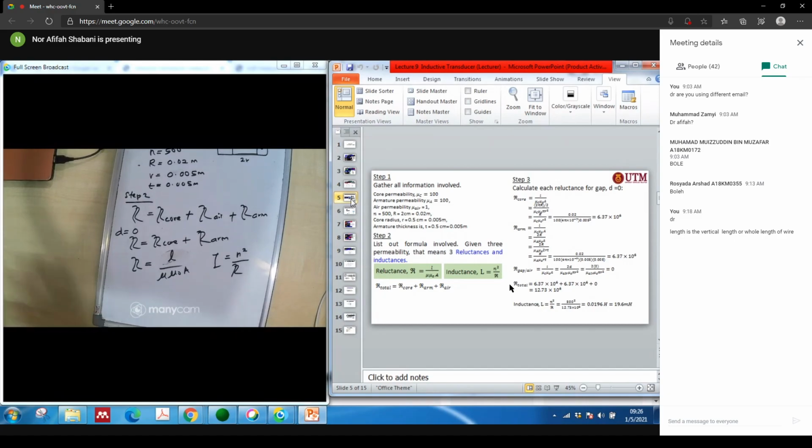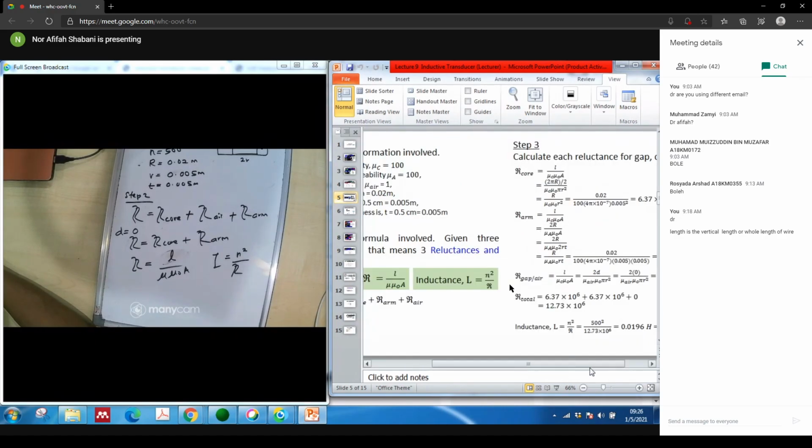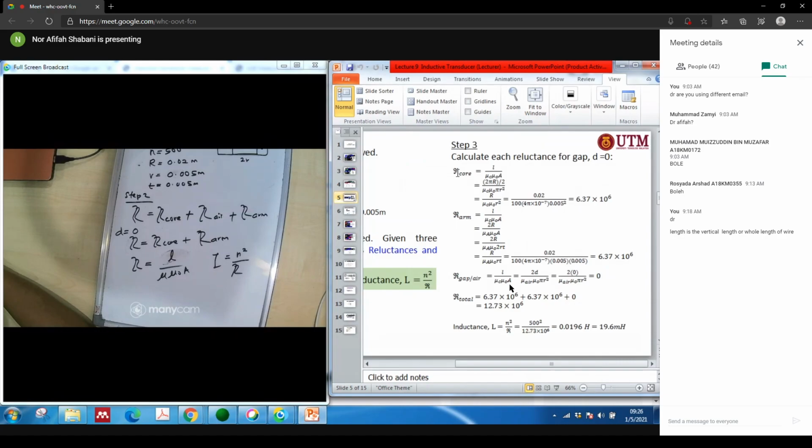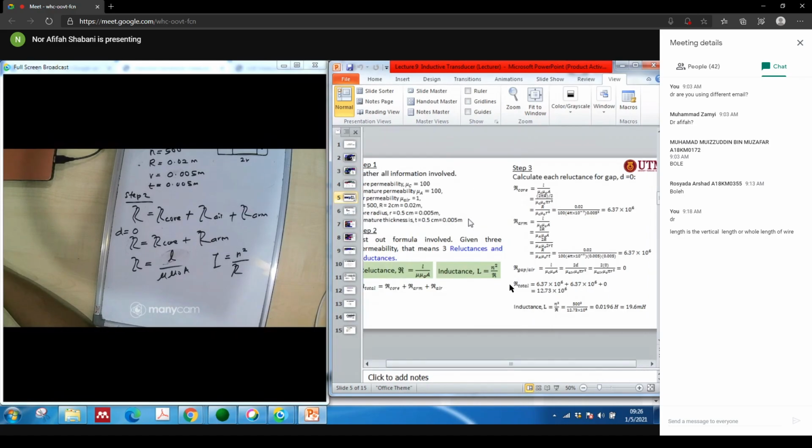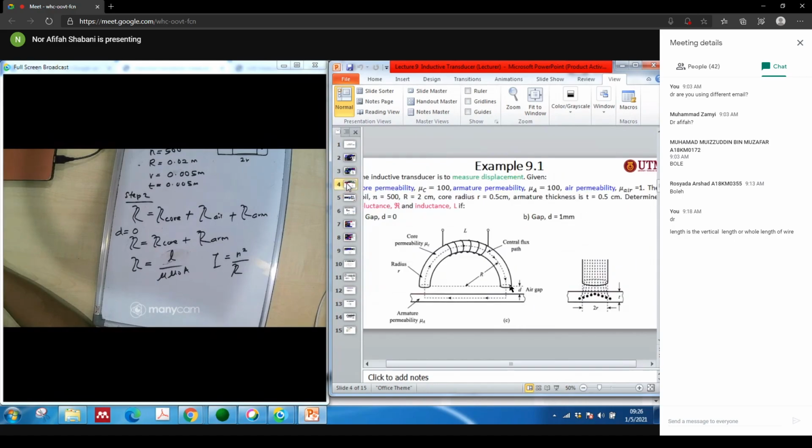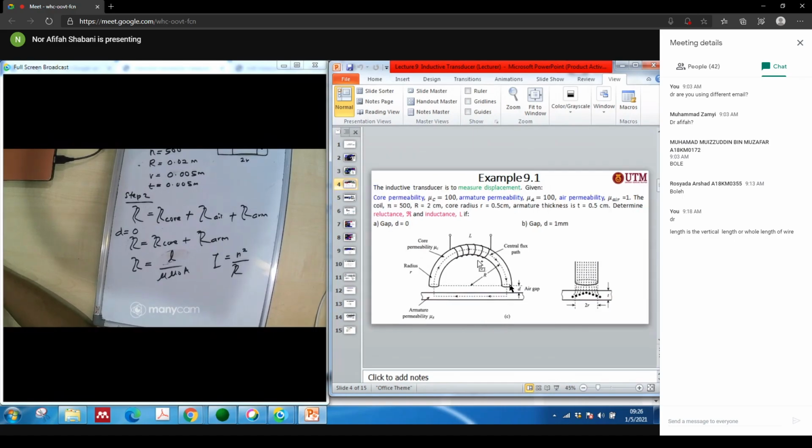This is the concept, and then step 3: first of all, you find the R core. That means your length L, if you look at this one, is given to you.